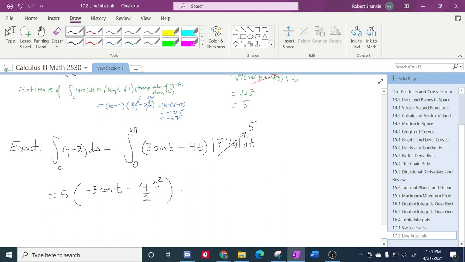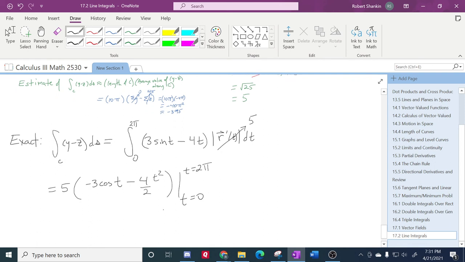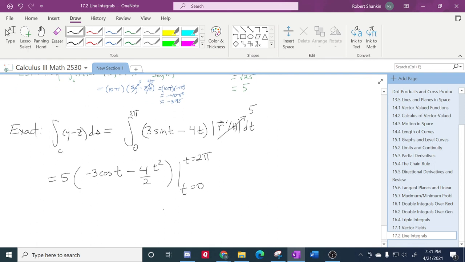And then that evaluated from t equals 0 to t equals 2 pi. And then I'm going to get 5 times, when I put 2 pi in, that's when I substitute 2 pi, minus when I substitute 0.